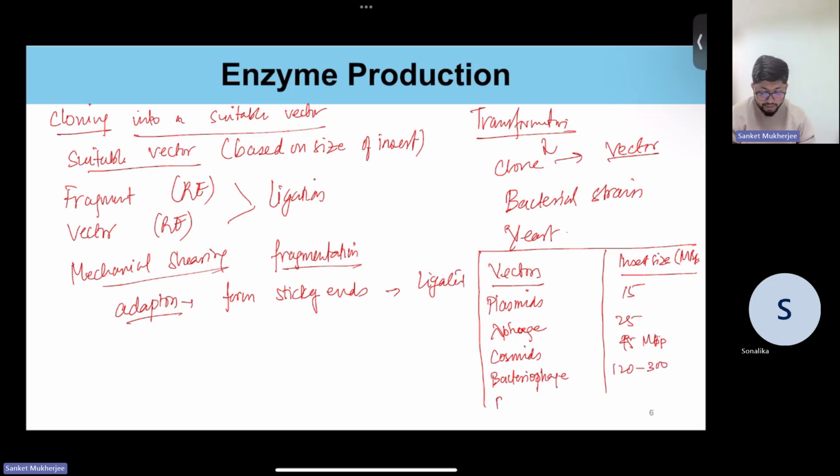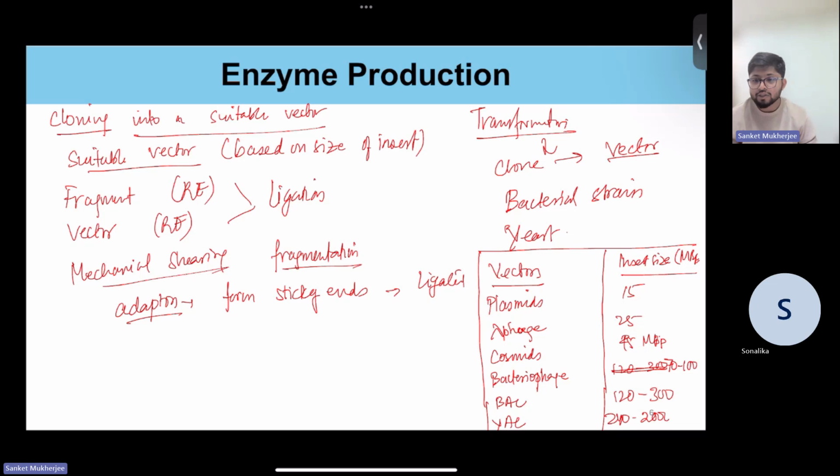Then we have bacterial artificial chromosomes and yeast artificial chromosomes, which express in bacteria or in yeast. Bacterial artificial chromosomes take around 70 to 100. Sorry, I wrote it wrong. Yeast artificial chromosomes take from 240 megabase pairs to around 2000 megabase pairs.